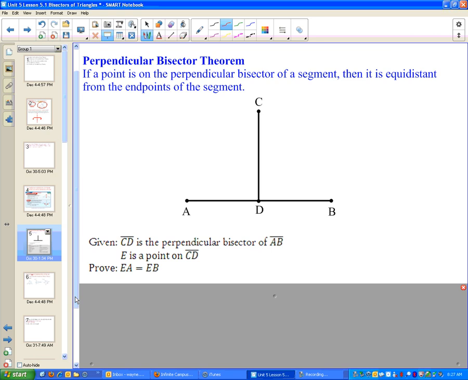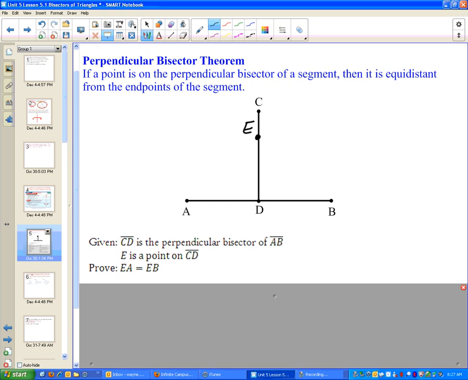So, I get to decide what's given. I'm given that segment CD is the perpendicular bisector of segment AB, and I'm given that E is a point on segment CD. So I need to draw E in it, don't I? And then look what I decided I needed to prove this theorem.